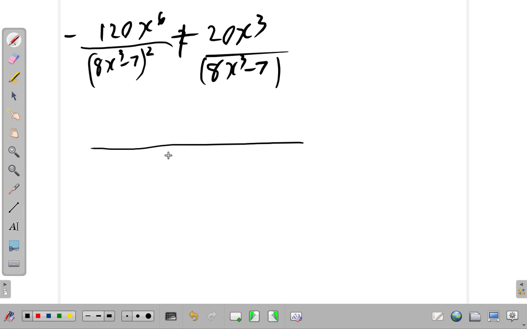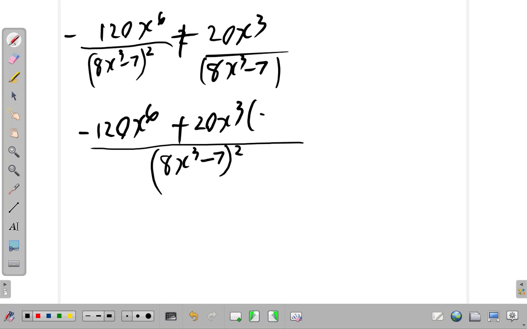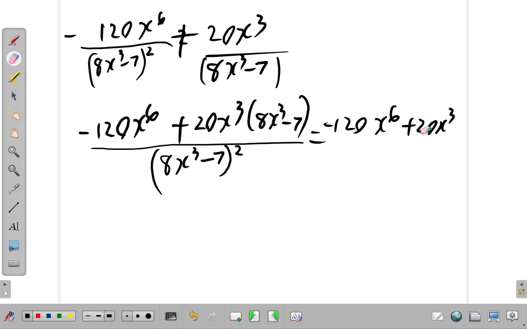The LCM here is 8x cubed minus 7 squared. This into this goes one time, so it's negative 120x to the 6, plus this into this goes 8x cubed minus 7, so it will be 20x cubed times 8x cubed minus 7. Then we multiply out the brackets.